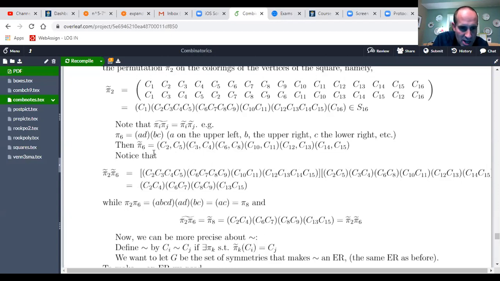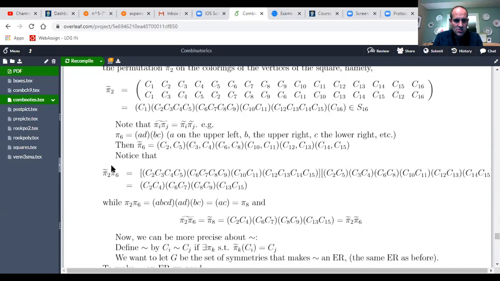What about C2? What happens with C2? Well, C2 gets moved to C3 by pi 2, applying pi 2 first. C2 gets moved to C3, and then C3 goes to C4. So again, what happened overall? C2 went to C3, okay?